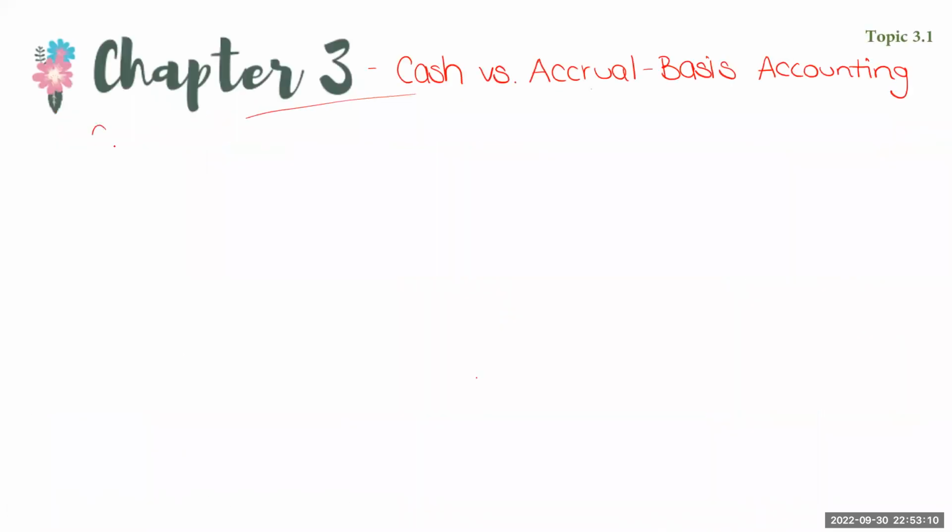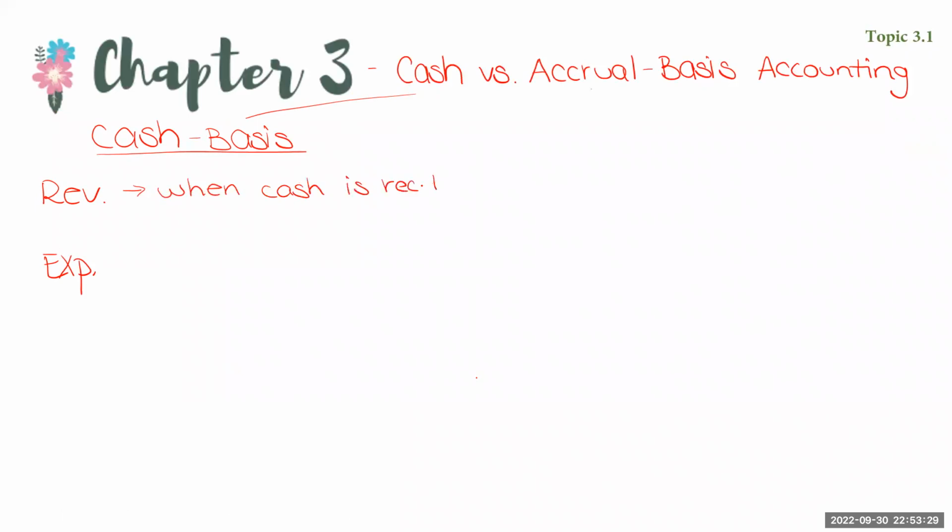So under cash basis, when do we consider something revenue? When do we consider it an expense? Under the cash basis method, something is a revenue when cash is received for our goods and services.